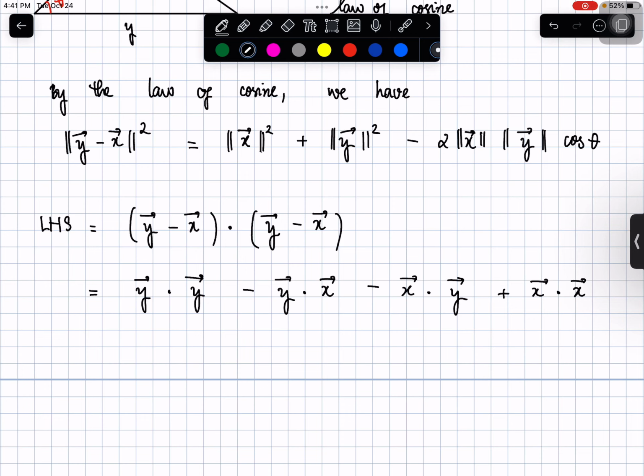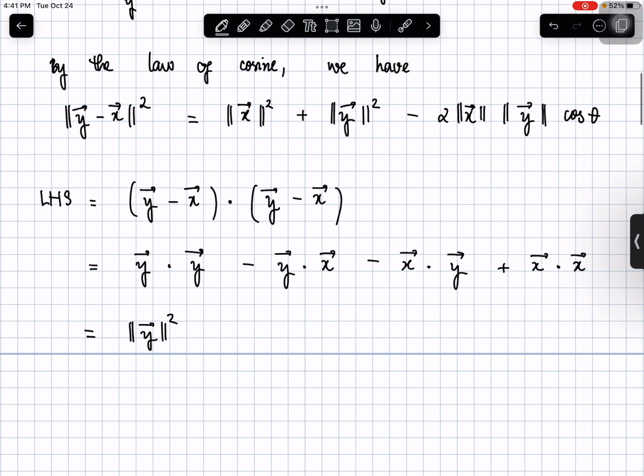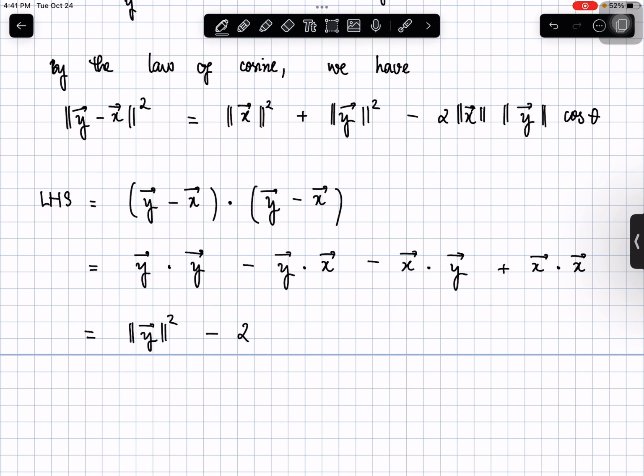And what is this? This gives us the norm of vector y squared minus 2 times the dot product of x and y, just two scalars, that's a scalar product, plus the norm of x squared.